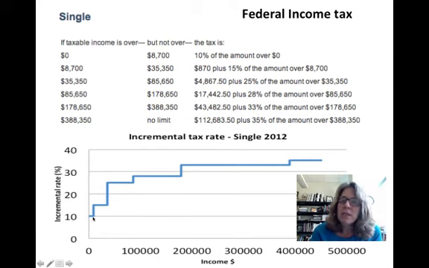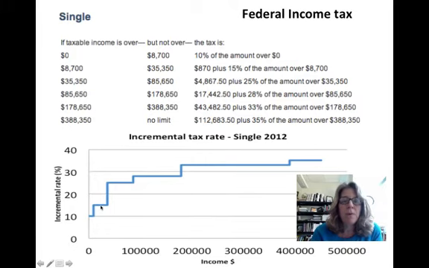Now, most of the deductions you have are pretty close to over $87,000, so you wouldn't have to pay any taxes. But that is the taxable income. If the taxable income is up to $8,700, then you would have to pay 10% on that. And for the next increment, between $8,700 and $35,350, you pay 15%, so it jumps up.